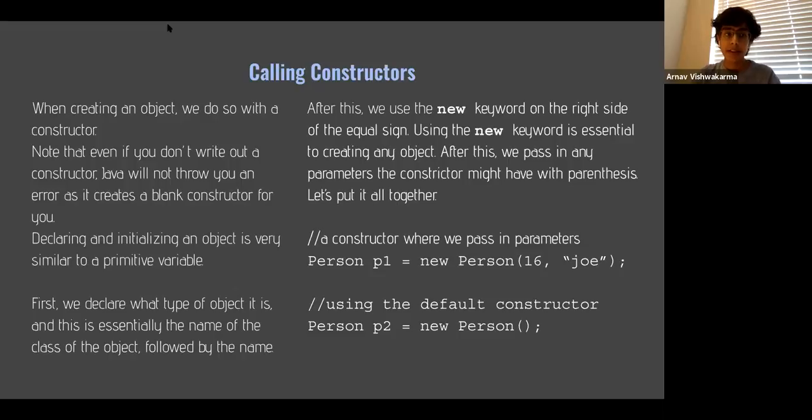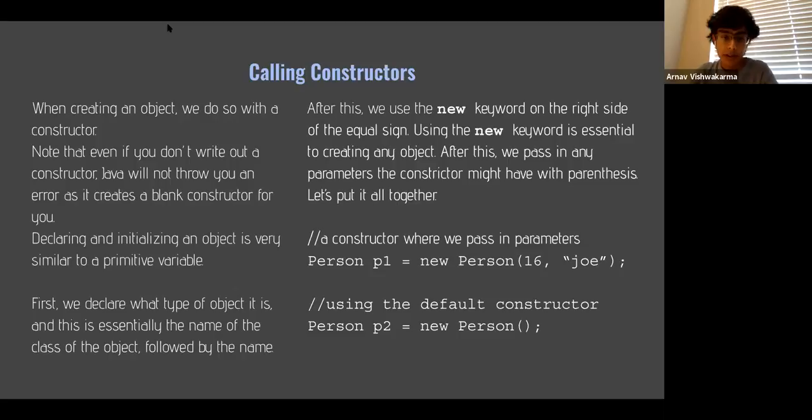To the right of the equal sign, we use another keyword, the new keyword, which is essential to creating any object. After the new keyword, we pass in any parameters needed to properly initialize that object, or if it's just a default constructor, we don't pass in anything.